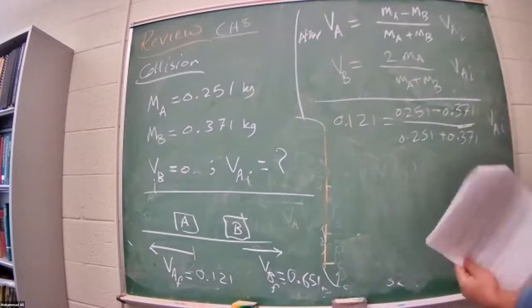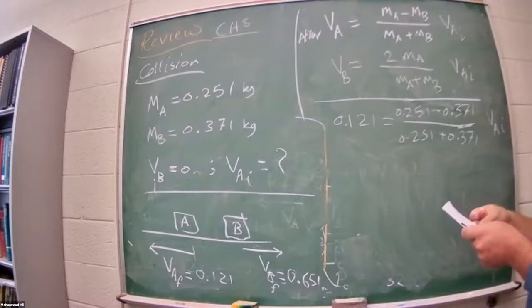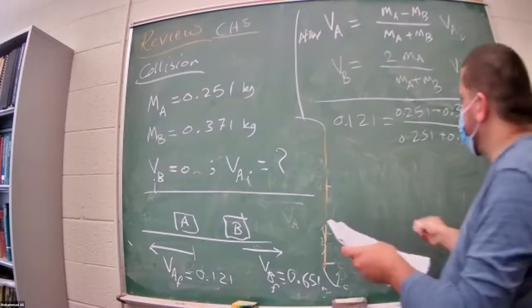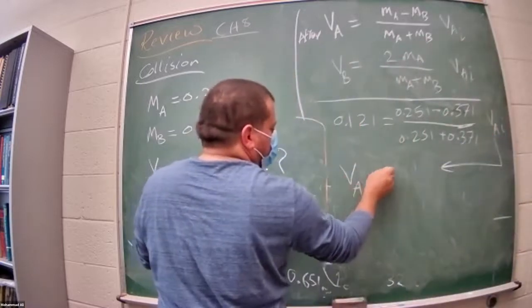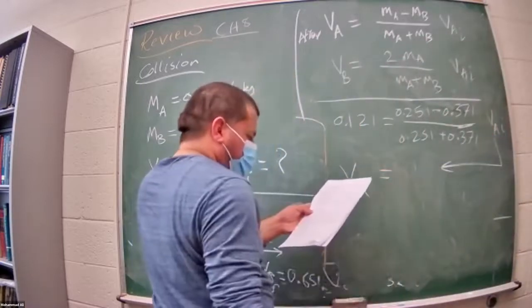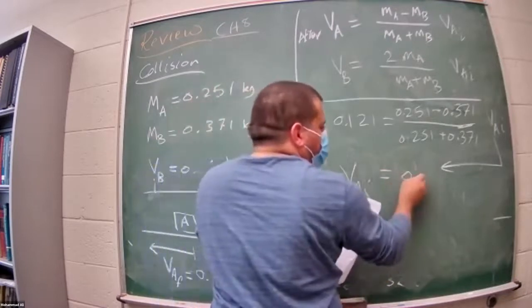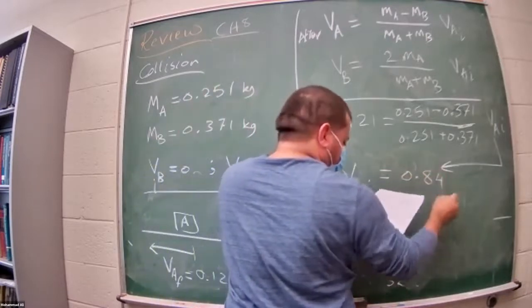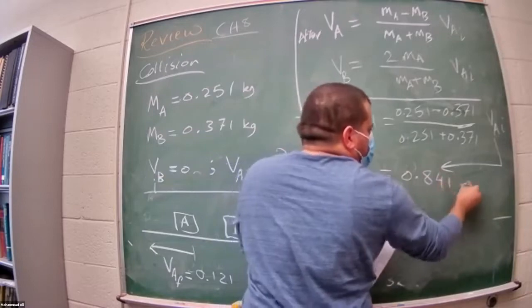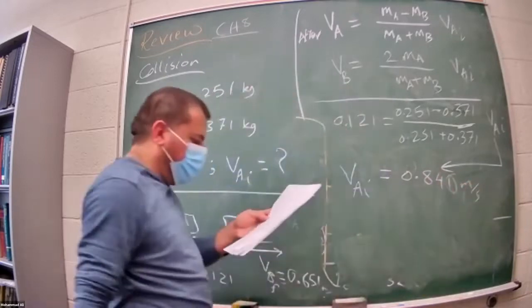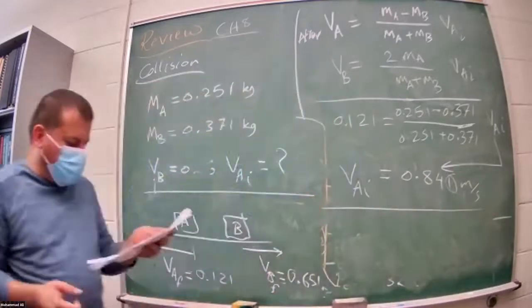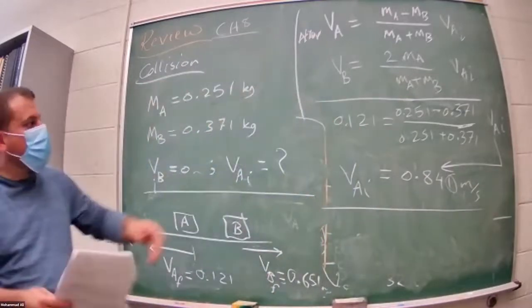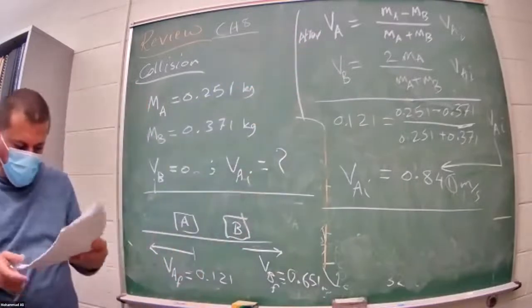By that, you can find VA initially, 0.841 meter per second. And it is existing in the example. You can find it by two ways.